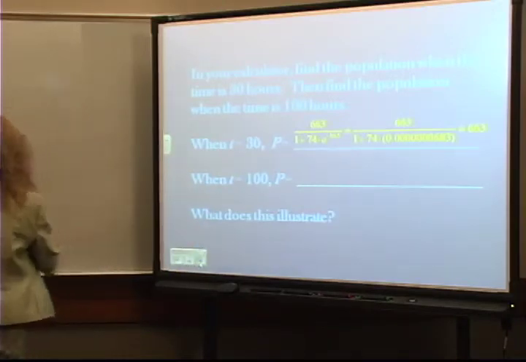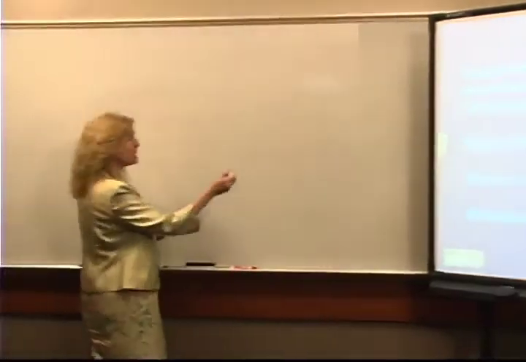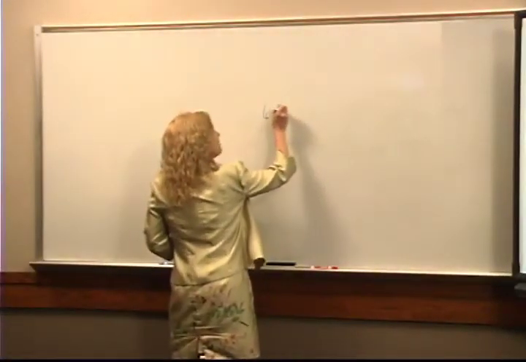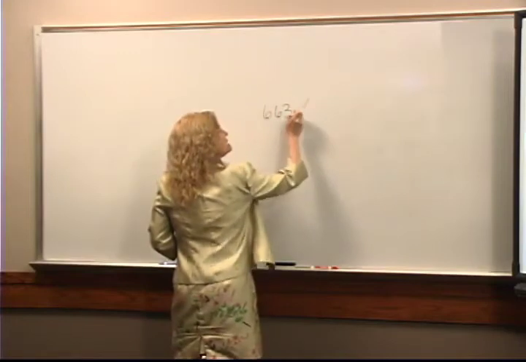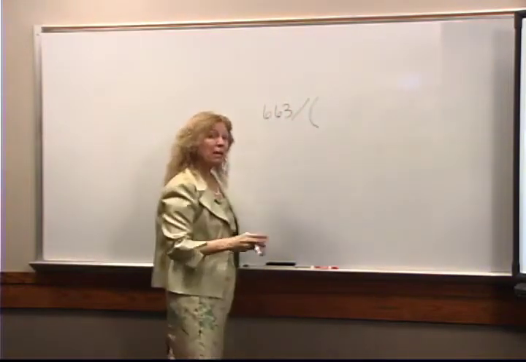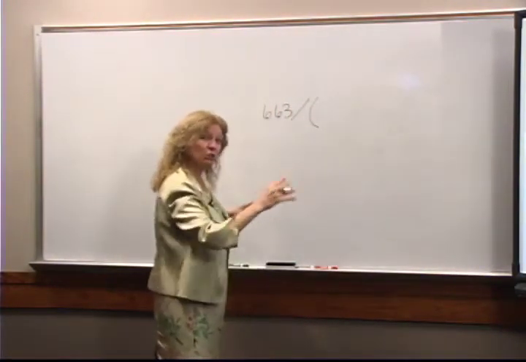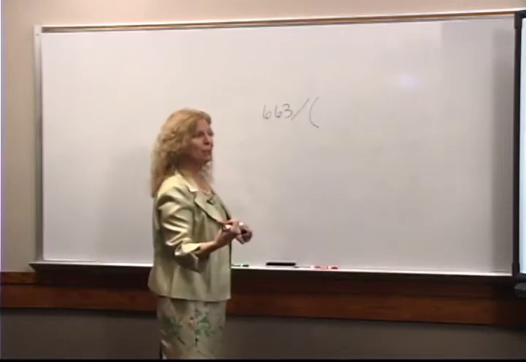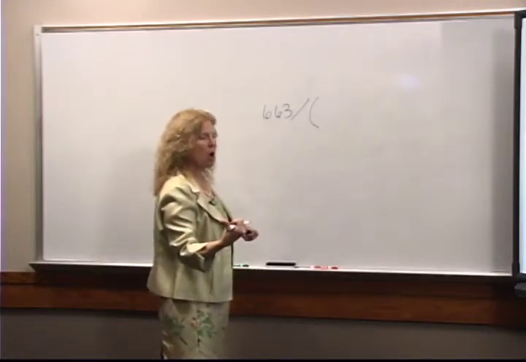And they run all those calculations. Hey, do be careful. As you enter this into your calculator, you're going to want to have 663 divided by, and open up parentheses for that entire denominator. Because you might be looking at some different answer and wondering why.